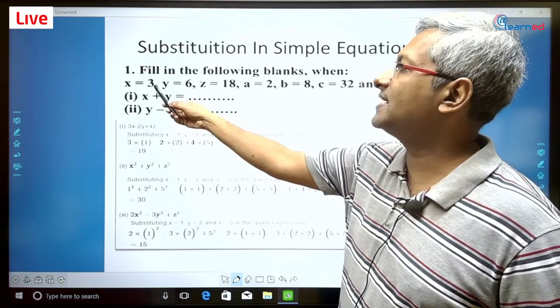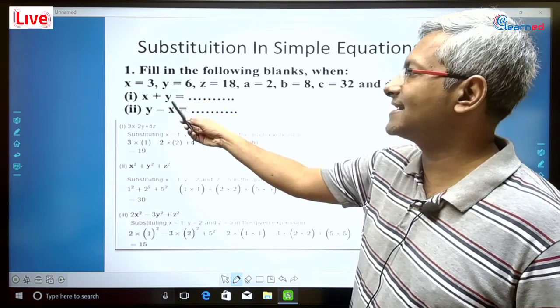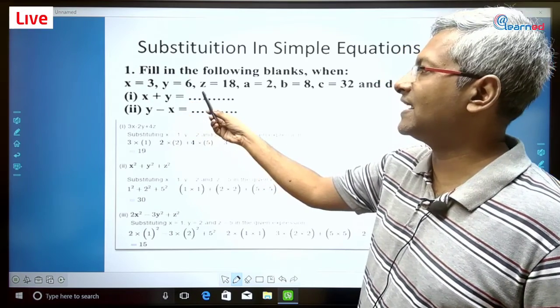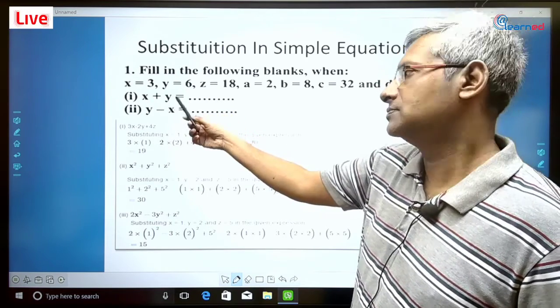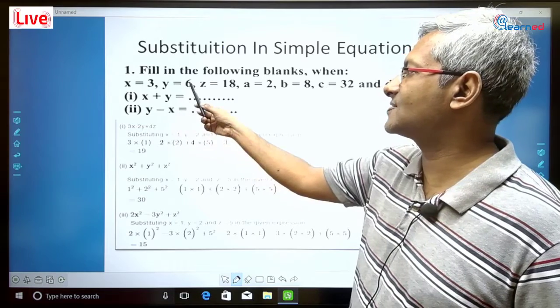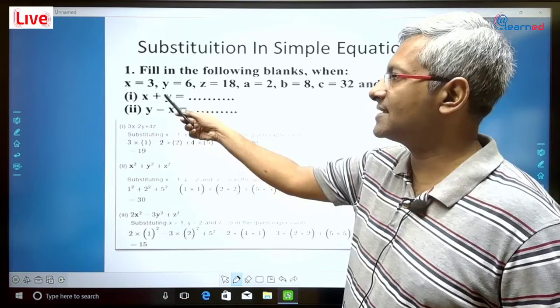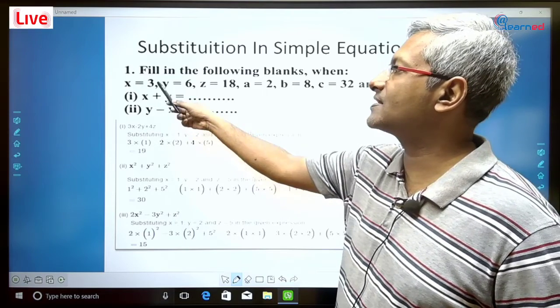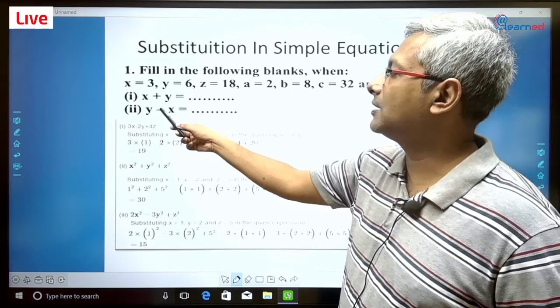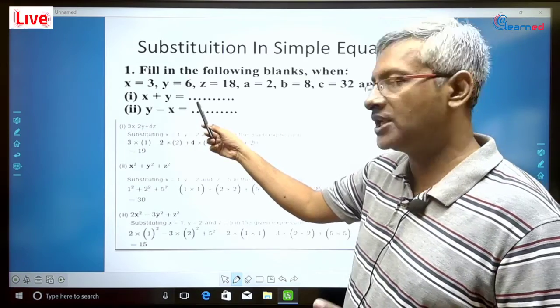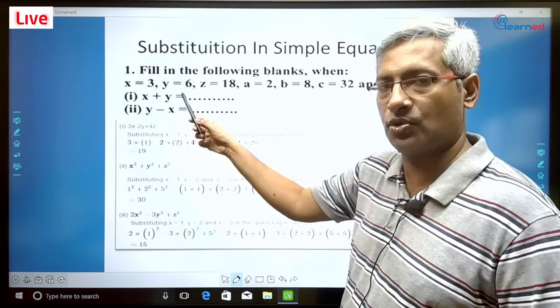I can replace x by 3, y by 6. So, 3 plus 6, the value is 9. Similarly, I can have y minus x. So, 6 minus 3, the value would be 3. So, these are simple equations, and I am replacing the values of the variables and getting the value of the equation as a whole.